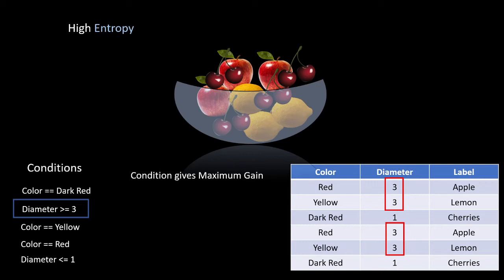This tends to steer a little bit towards objective, if you can buy into that argument. So I'm saying my diameter is greater than or equal to 3. Okay, so that is the condition right now that's going to give me my maximum gain.